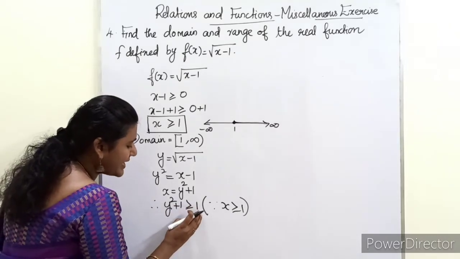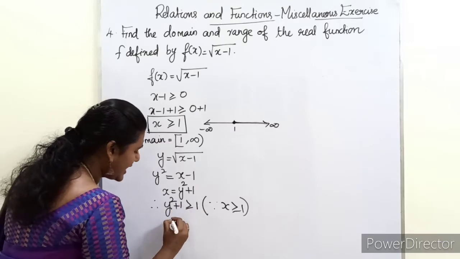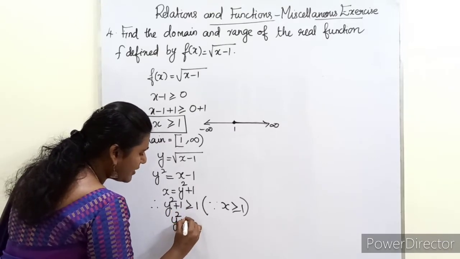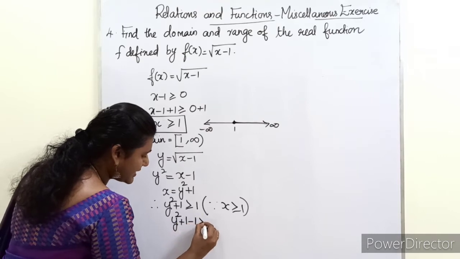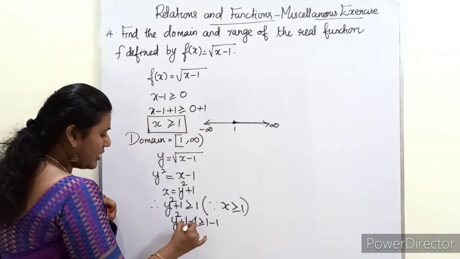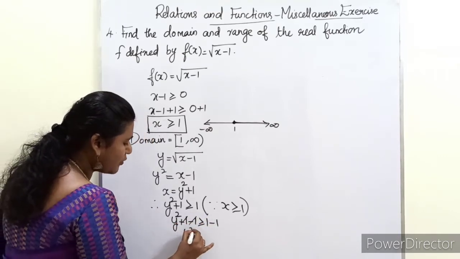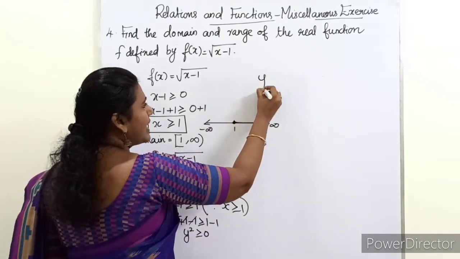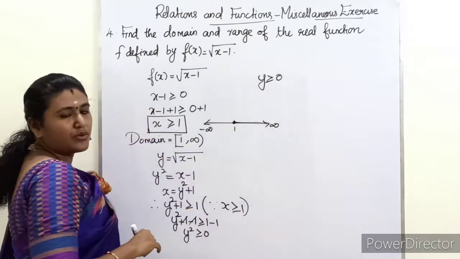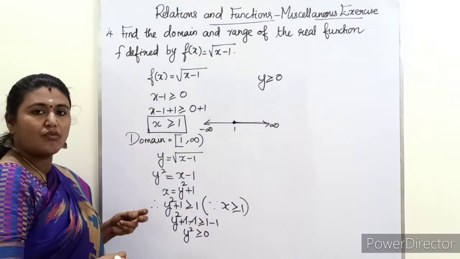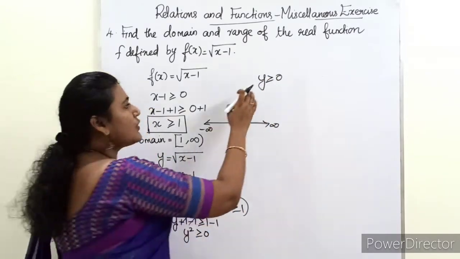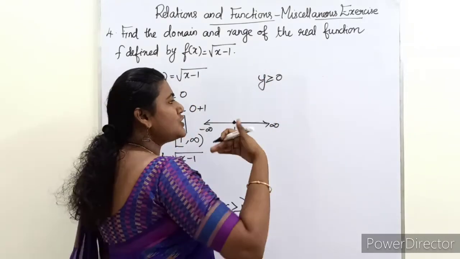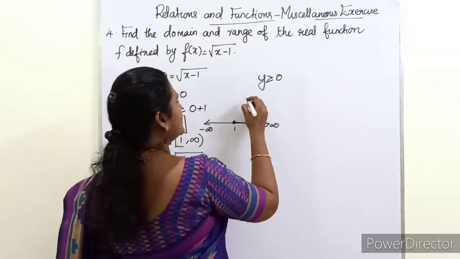Now what we have to do? We will subtract 1 on both sides of the inequality. So y square plus 1 minus 1 greater than or equal to 1 minus 1. When you cancel this, you will get y square greater than or equal to 0, or we can write y is greater than or equal to 0. The values of y give us the range. So y should be greater than or equal to 0.